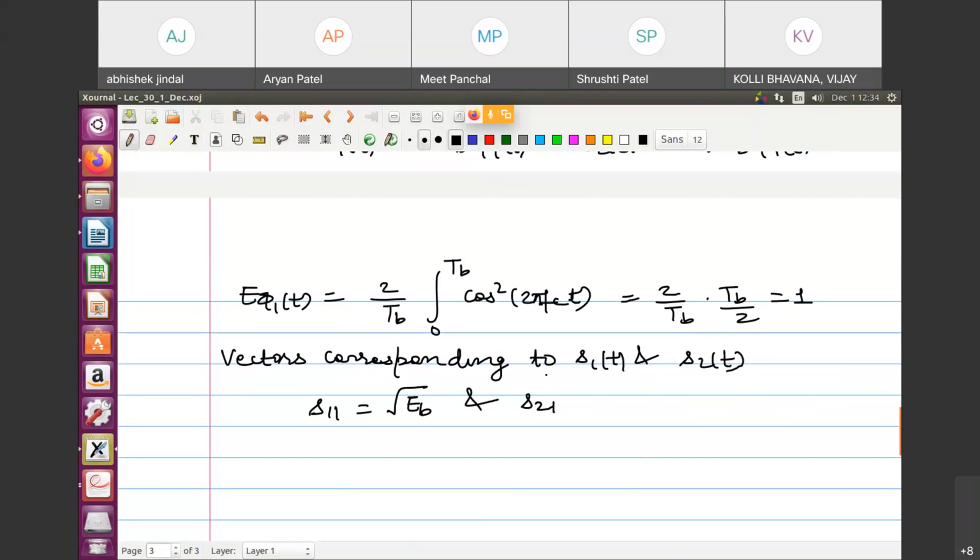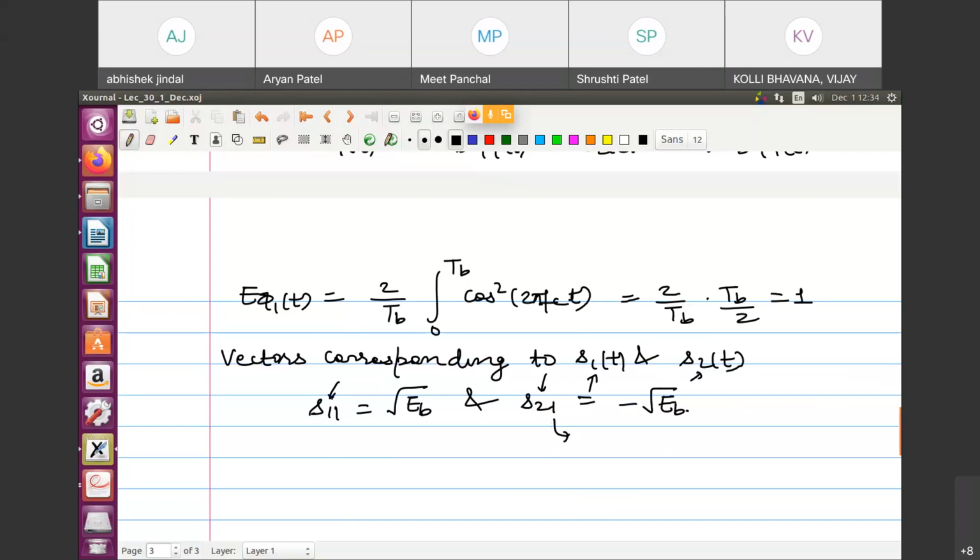Because the first index represents the signal, that is this 2, and the second index represents the value for the corresponding basis function. So you have only one basis function here, otherwise you would have S12, S13, S14 here, and S22, S23, S24. So this is equal to minus root of Eb.